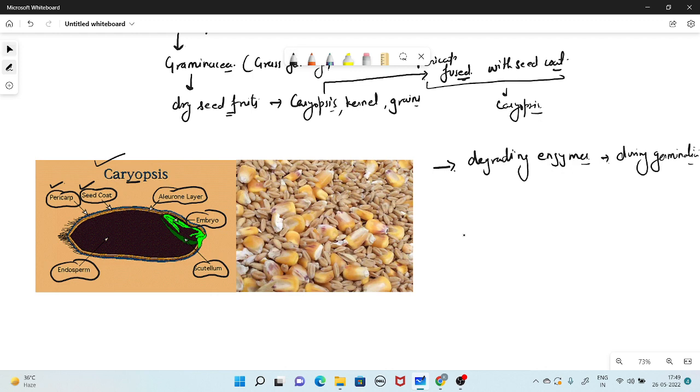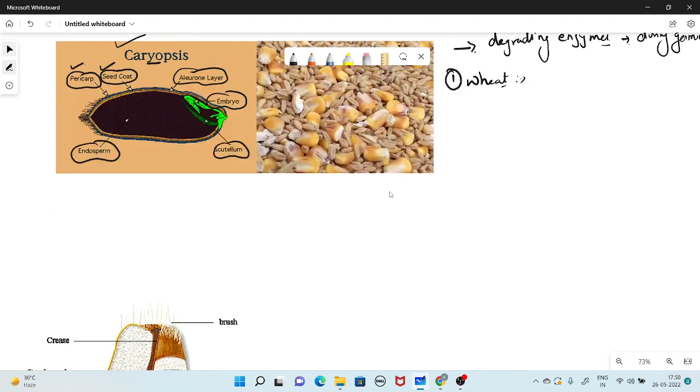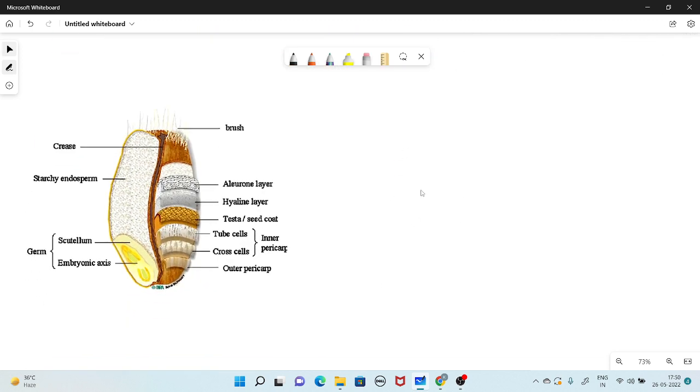So first we are going to talk about wheat seed quality, right? Its processing and its characteristics, which are very important for wheat flour processing, right? So let's first talk about the wheat. As we all know, the wheat seed consists of a brush which is present outside of the seed, right?